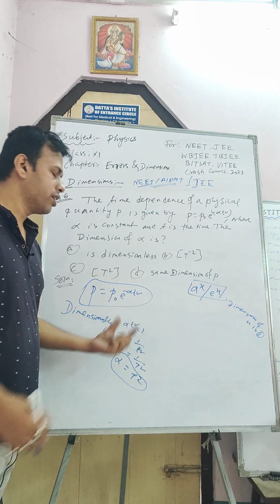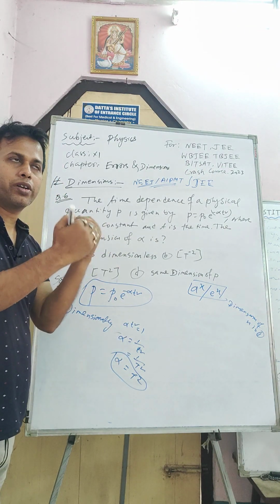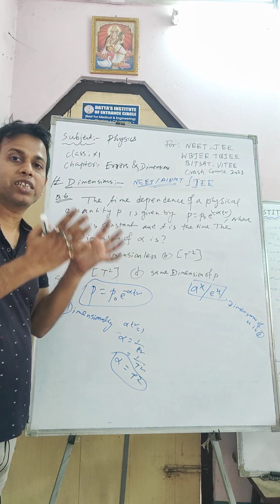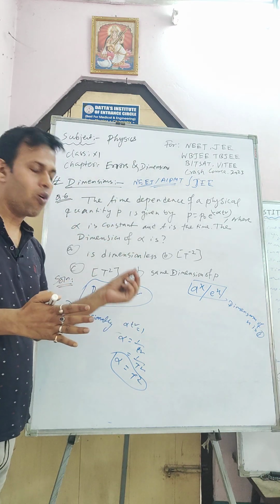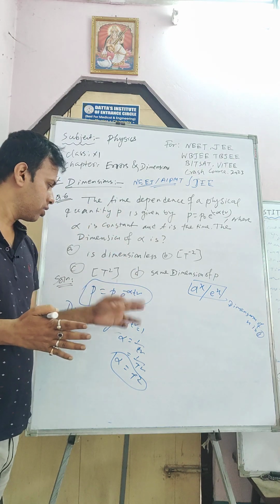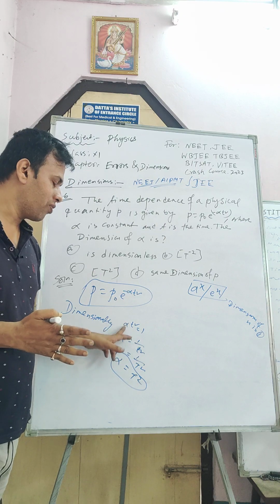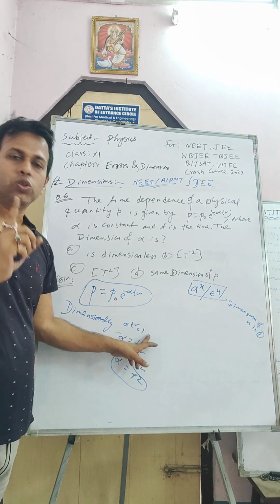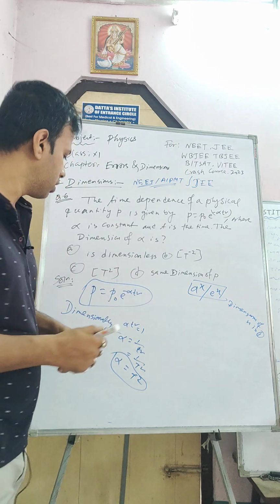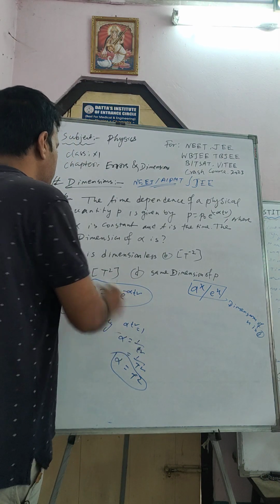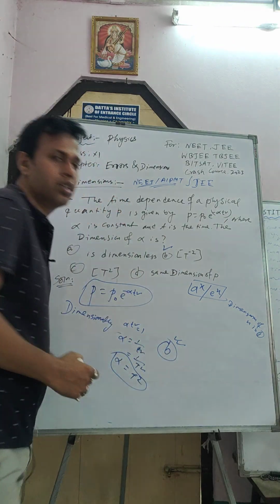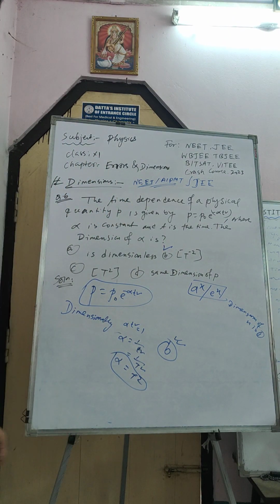We know that whatever the power of e to the power x or a to the power x, the power of the exponential function is always dimensionless. So I put alpha t square equal to 1, dimensionless, then alpha equal to 1 by t square, so T to the power minus 2 is the correct answer. Which option is correct here? Option B is the correct answer. Okay, got my point?